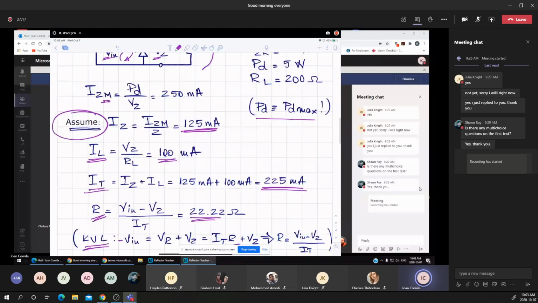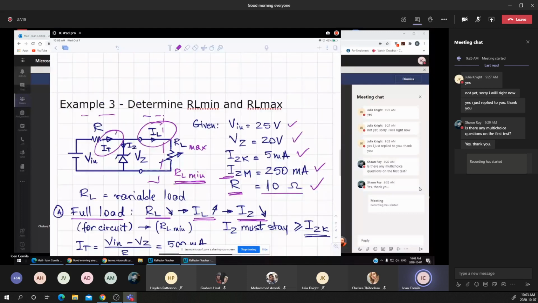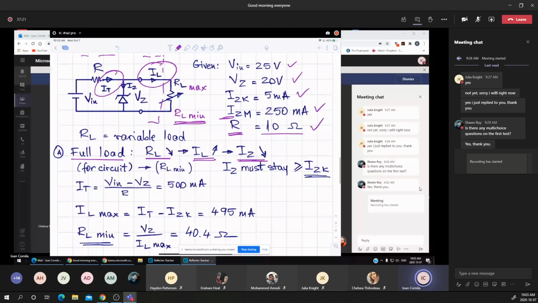Going back to the equation, IZ must stay greater than or equal to the IZK. Means that the IZK will be the minimum current. Regarding the limitations in terms of the IL, we have to determine the maximum IL current.